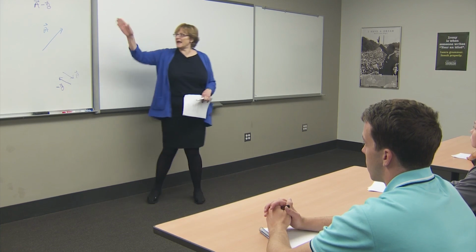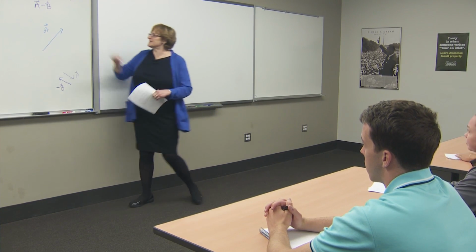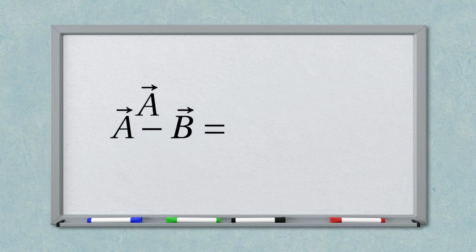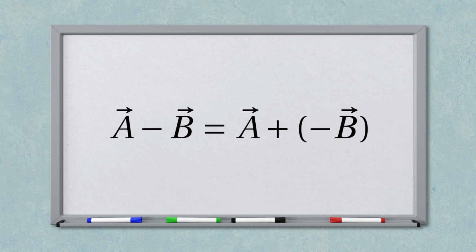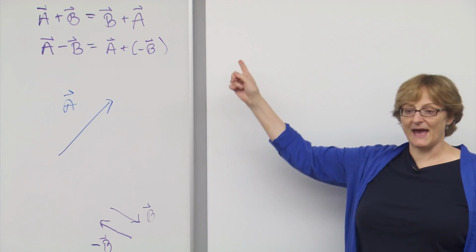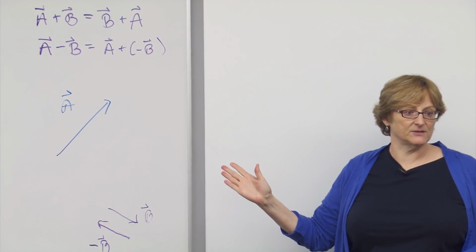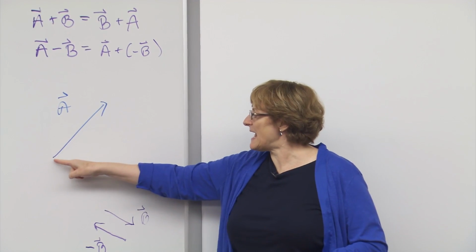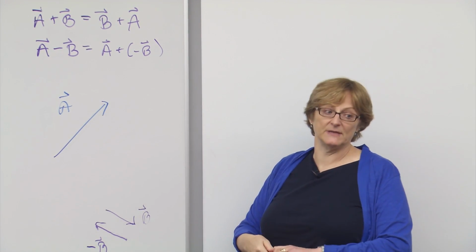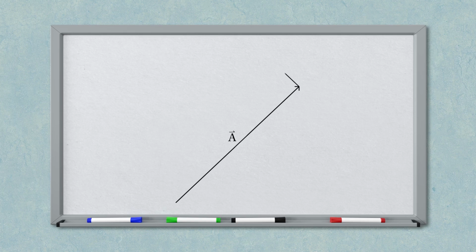So the subtraction A minus B is the same as adding the opposite of B, negative B. And I know how to add. I do the first instruction, then the second instruction. Okay, so this is A, and now I do negative B. And then my answer is this vector.